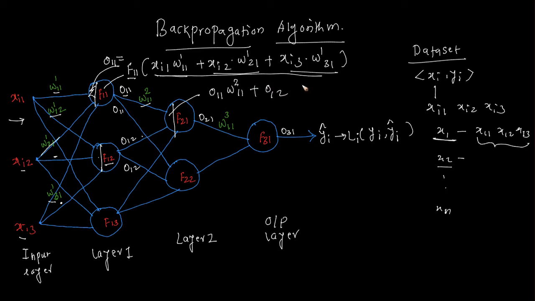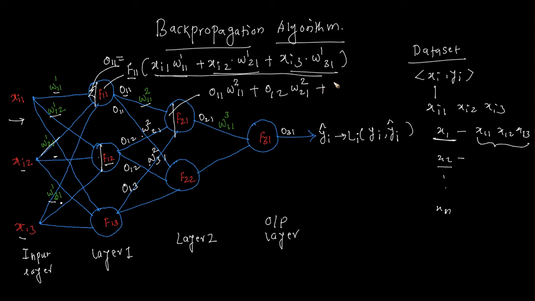The weight here is W2, going into layer 2, coming from neuron 2 and going to neuron 1. So W221 plus I have this output here. This output is O13 and this weight is going into layer 2, coming from neuron 3 and going to neuron 1.